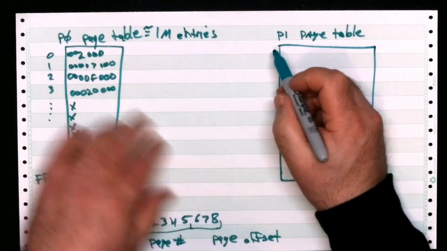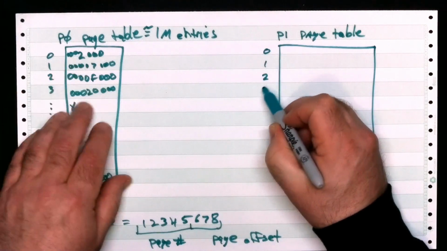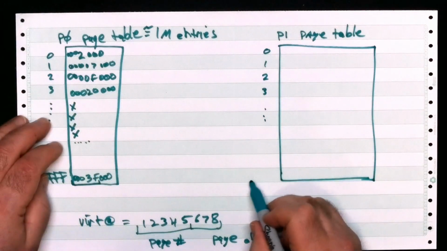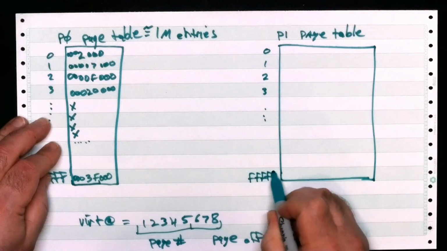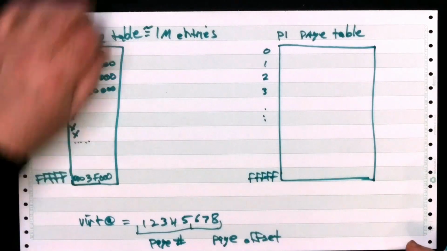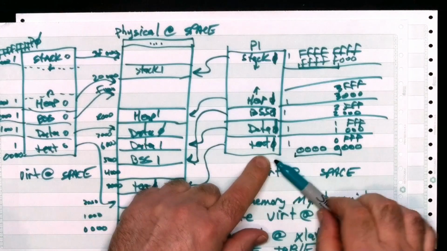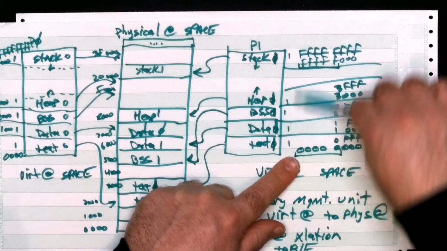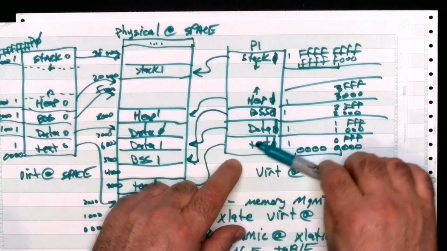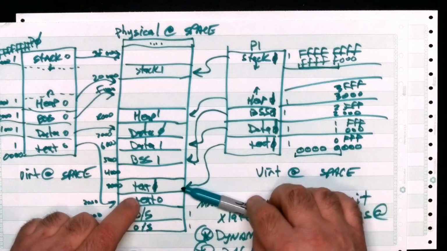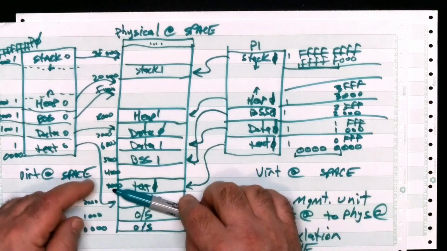So it's page 0, 1, 2, 3, and 1, 2, 3, 4, 5. F's is the last one. So what did I say? His address 0 in his virtual address space, the page of data that's stored in there is really at 3000.